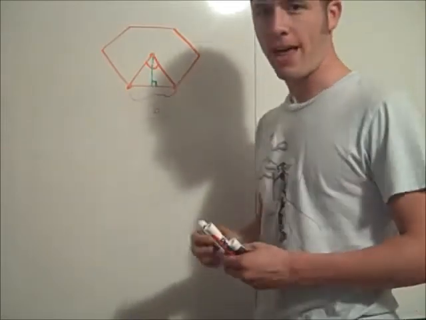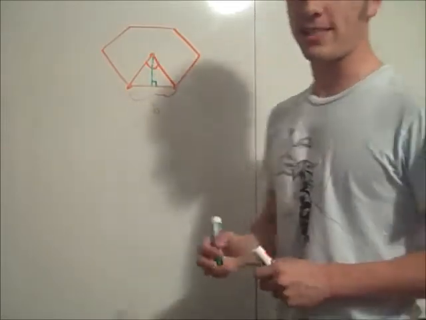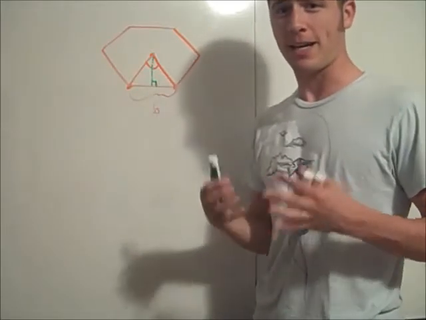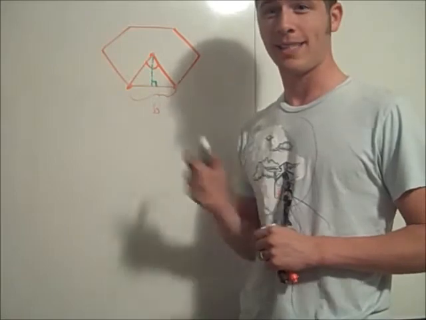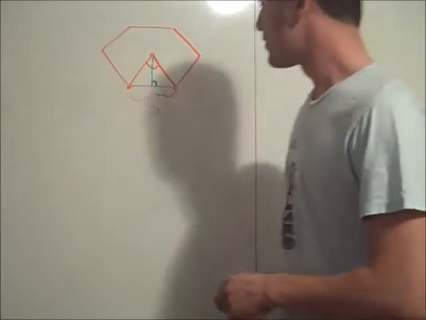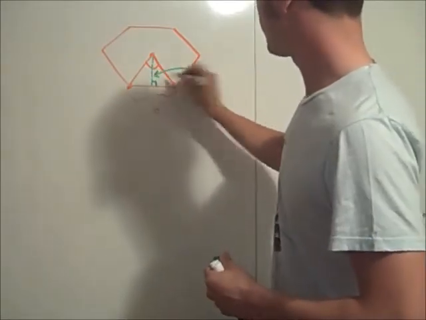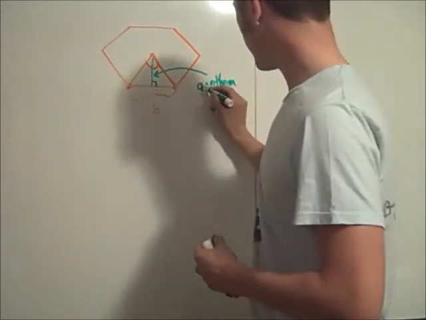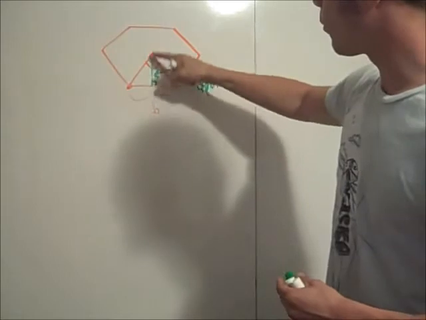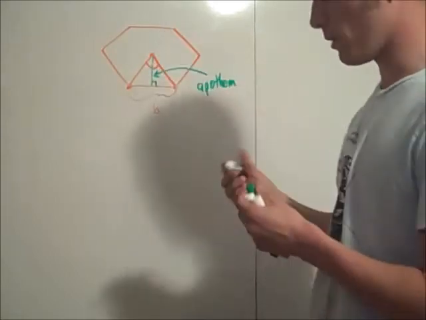That's called the apothem. It's really fun to say because it sounds like you're saying a possum, only with a speech impediment. It's an apothem. So this is the apothem. And it happens to be the height of one of the 6 congruent triangles.